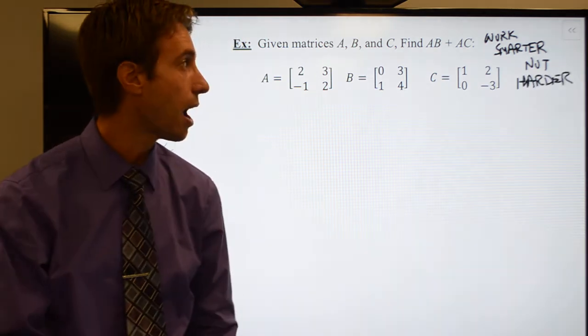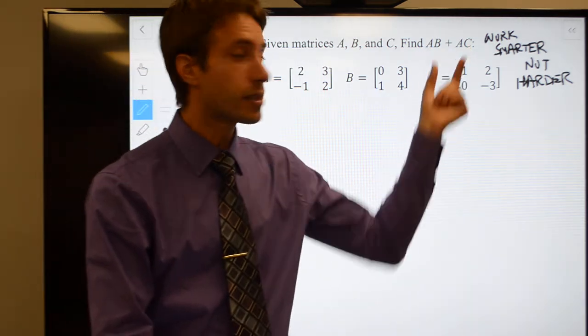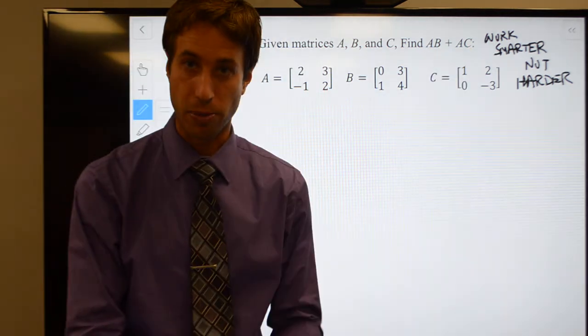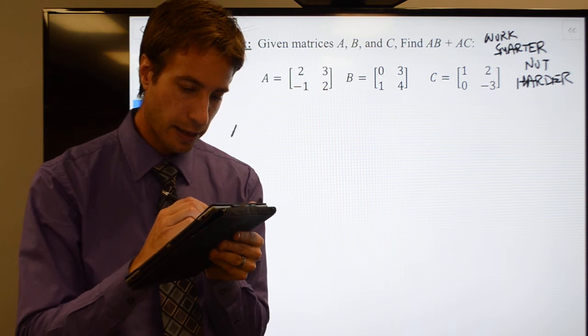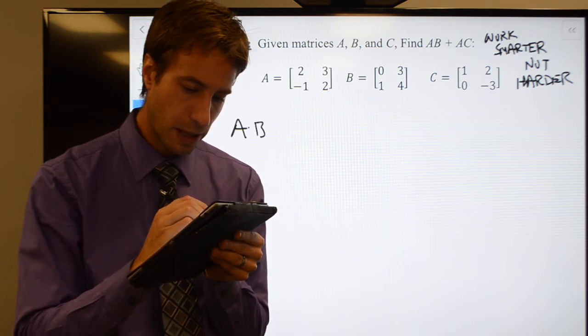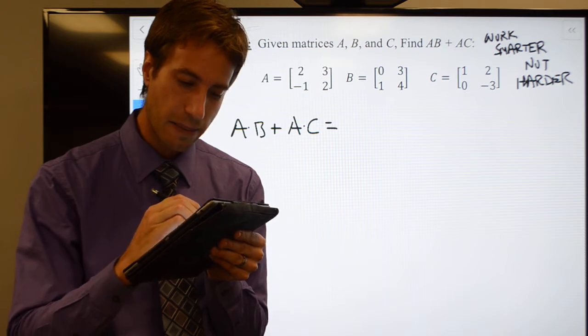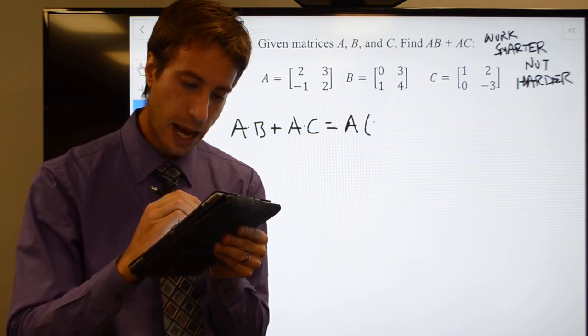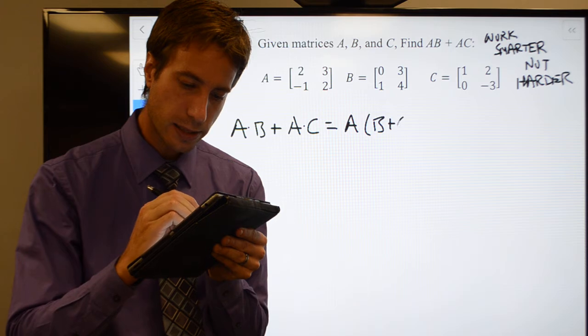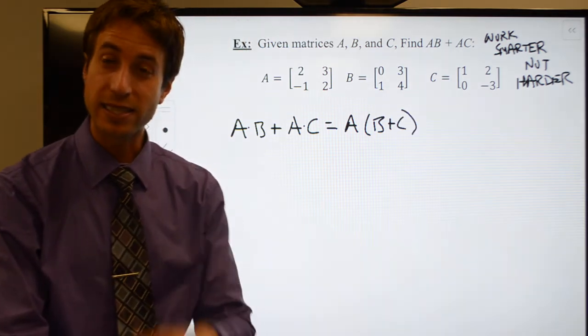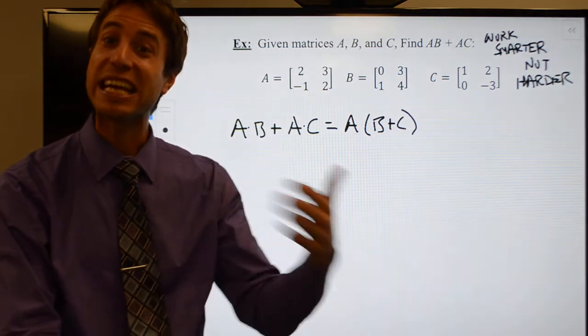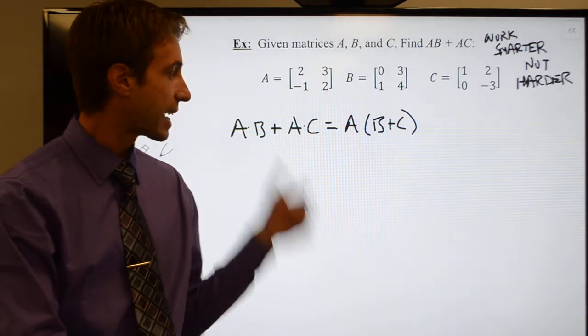And here's how. This is the distributive property. Let me show you. A times B plus A times C is the same as A times B plus C. All right, see how it's the distributive property in reverse? How did I get this?